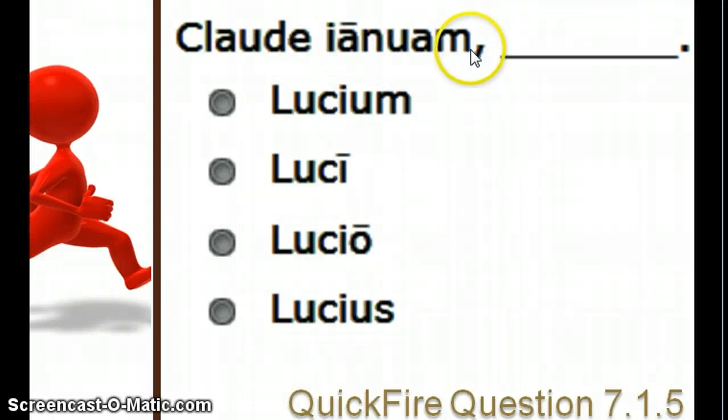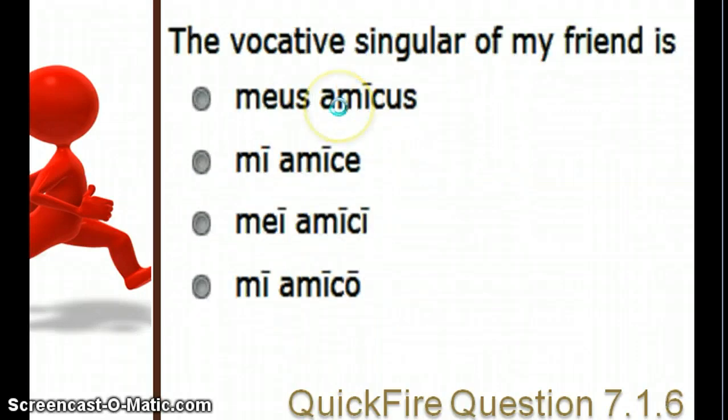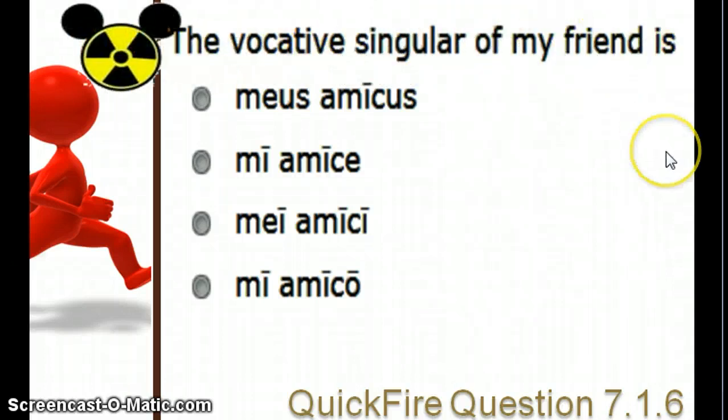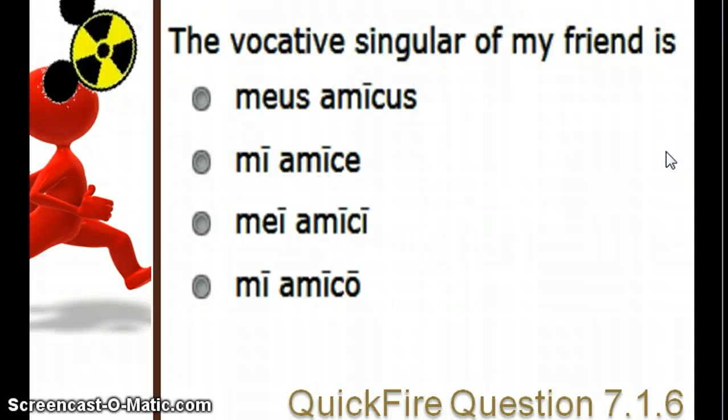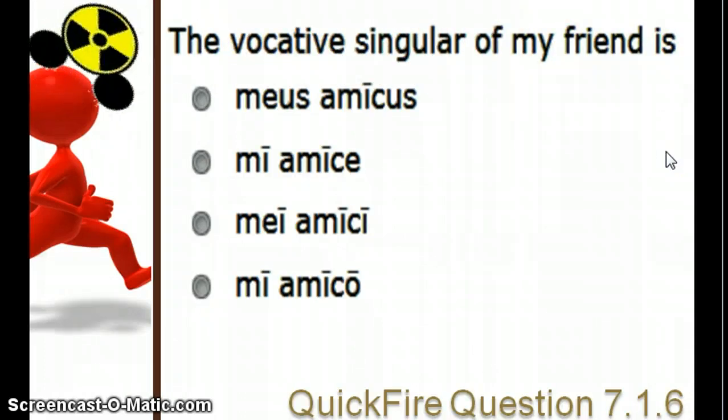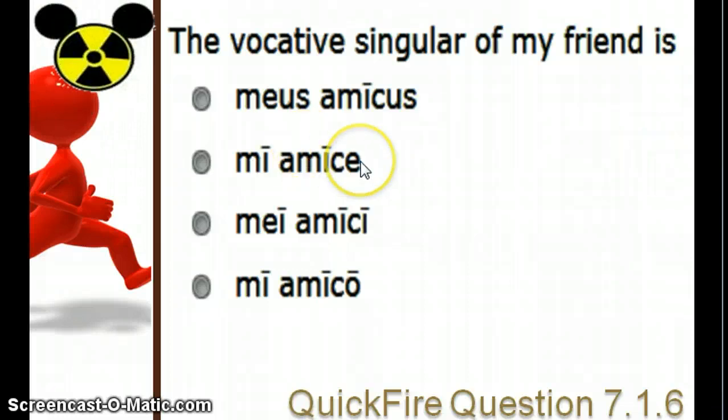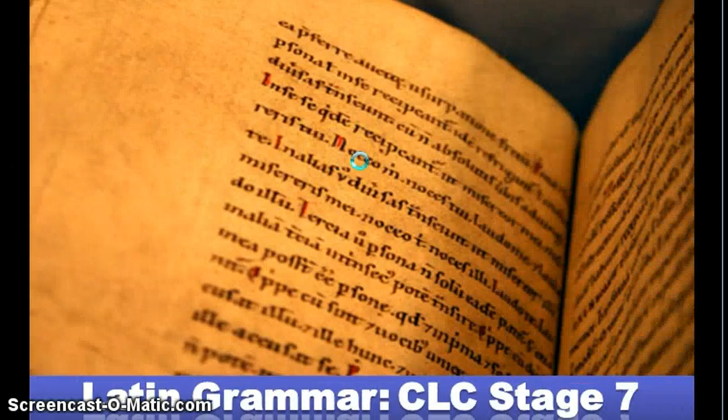We have a comma that indicates we're dealing with a vocative address phrase. Remember, Lucius is an I stem, therefore it's Luci. And the vocative singular is mi amice.